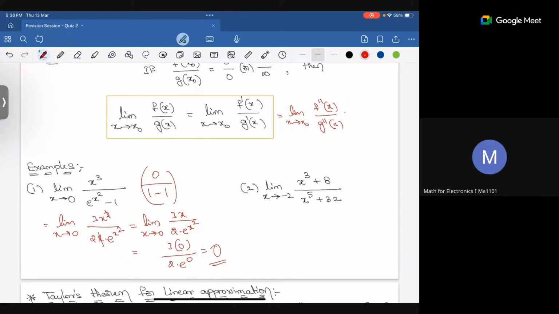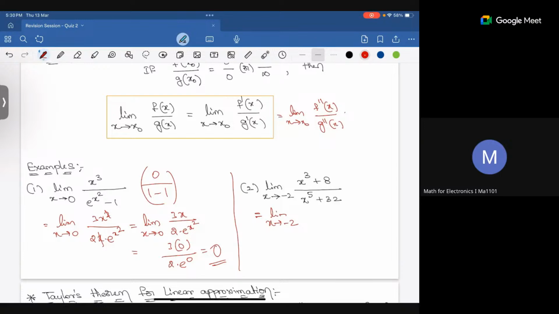Yeah, somebody raised your hand. Okay, fine. So similarly, you can also compute this. For this we have used L'Hopital once and we got the answer. But for this, it requires a couple more steps. When you try to substitute minus 2, you will see that the numerator and denominator will become 0.